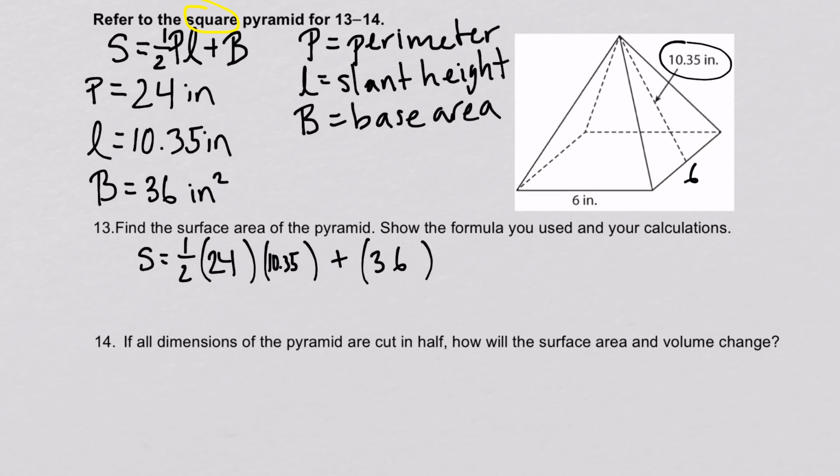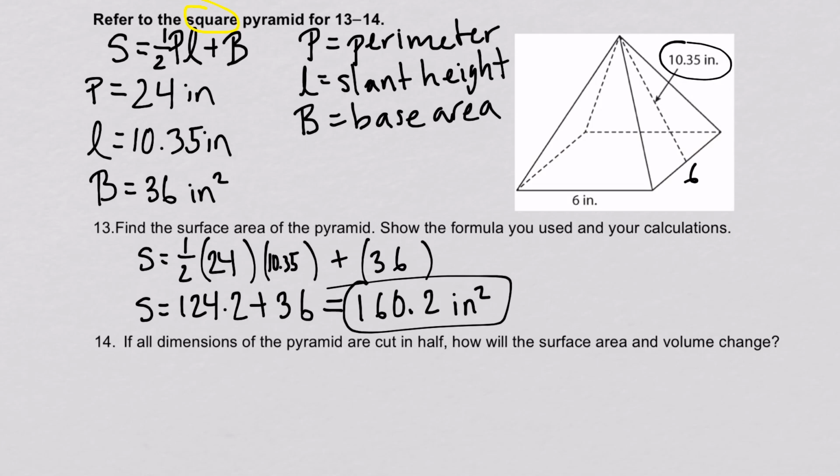This is the time to take out your calculator and do that multiplication. My calculator says that this first number is 124.2. Add 36 to that. And so our final answer is 160.2 inches squared. There you go.